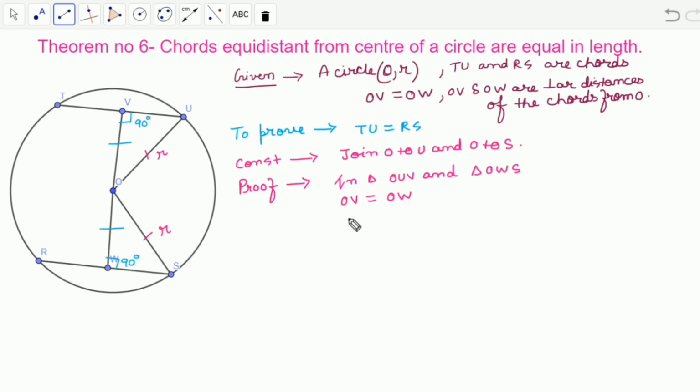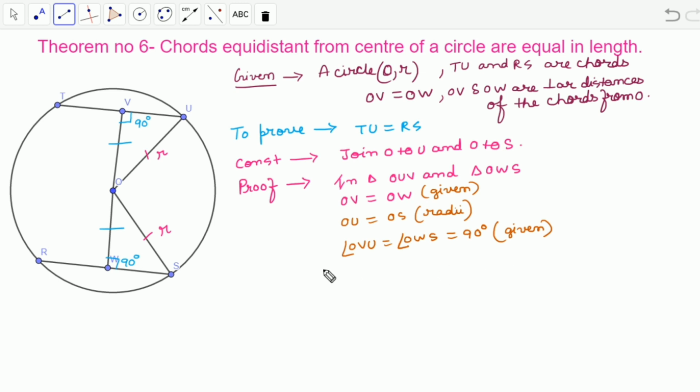Also you can see that OU is equal to OS. Why? Radii. Also, what is given? Angle OVU equal to angle OWS is equal to 90 degrees. This is also given because it is a perpendicular distance.